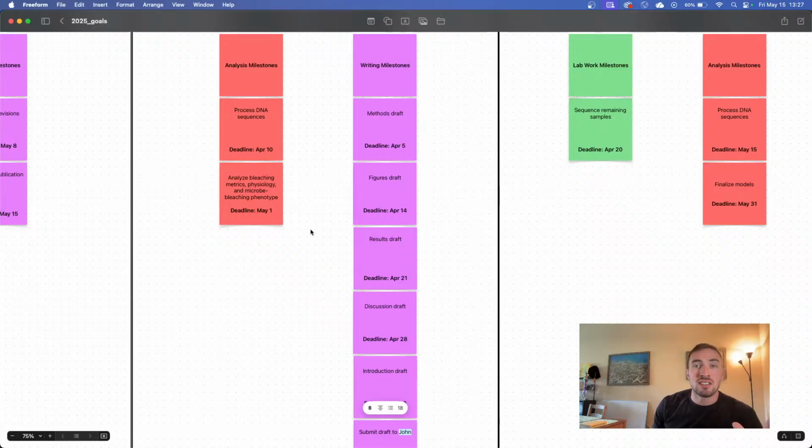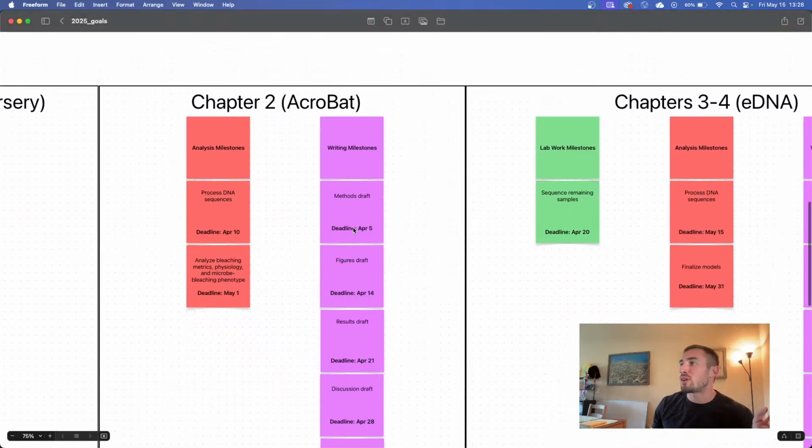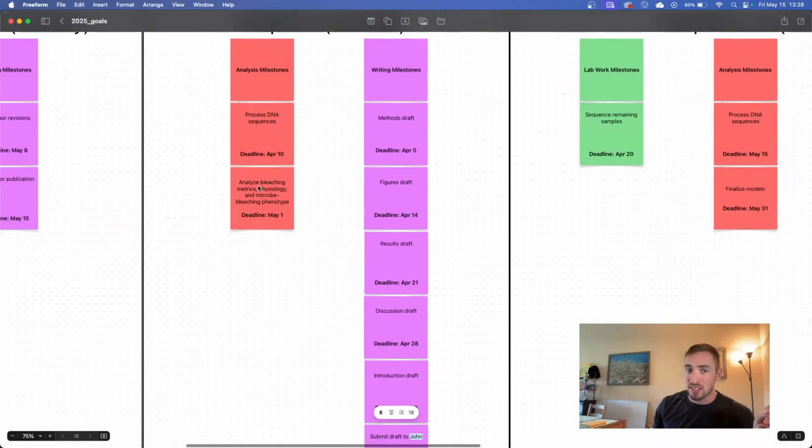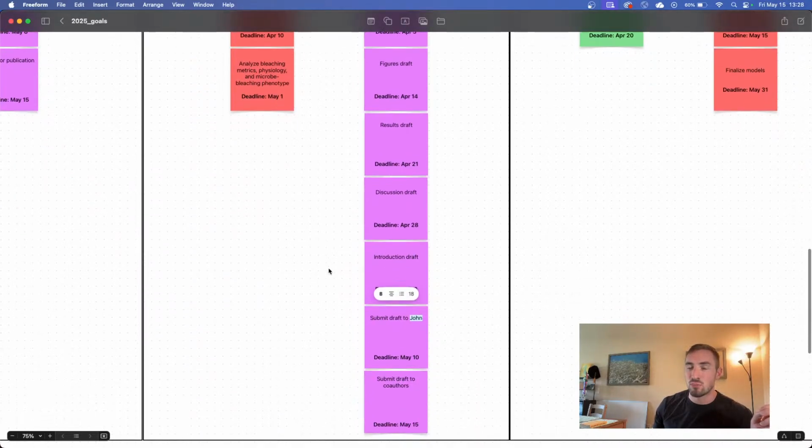I don't mean it's not ideal as in like it's not the proper way. It happens a lot. It's happened to me. I was writing for this eDNA chapter. I was writing the paper and I still didn't have all of my DNA sequences processed. And so it was a bit of a back and forth between writing and analyzing and processing. Kind of a mix, a little bit ugly. It happens.